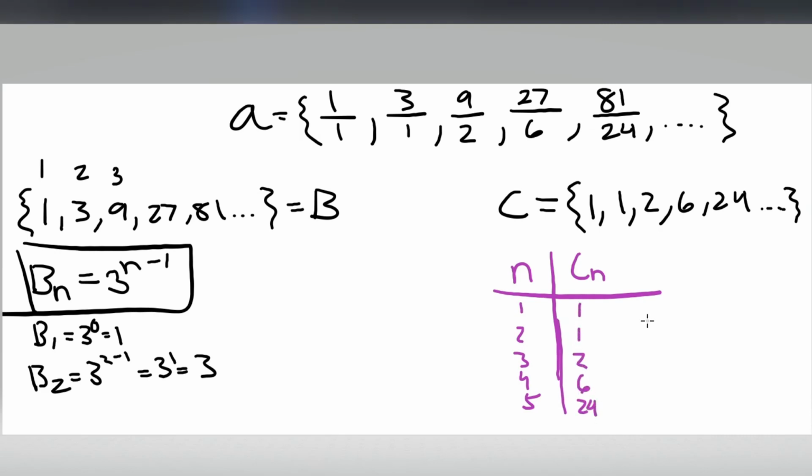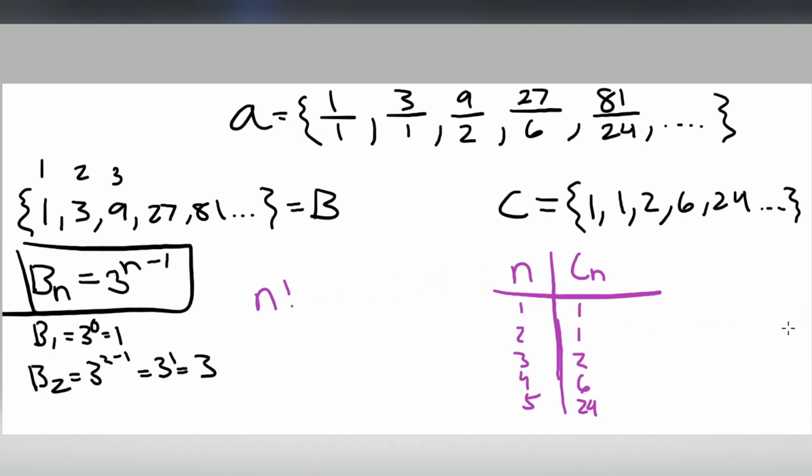Here we come to a sequence of numbers, which is a commonly seen pattern that uses factorials. What does that mean? Well, a factorial, if I take n factorial, this is the factorial symbol, that is n times n minus 1 times n minus 2, all the way until you hit 1.